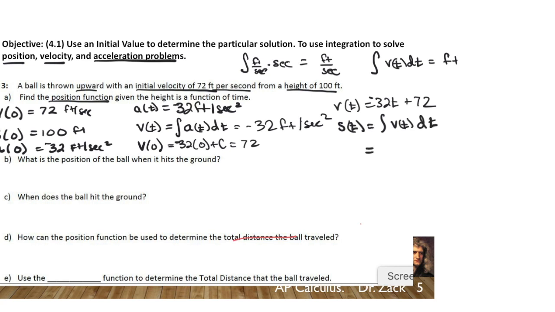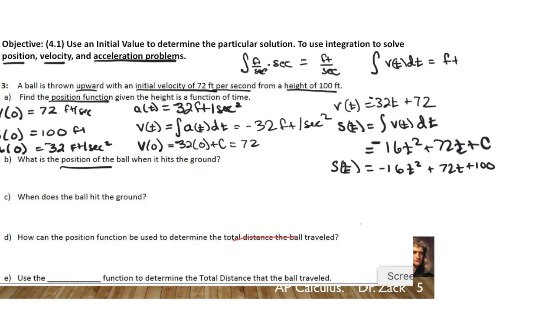We use those units to help figure this out. And when I integrate, we'll get negative 16t squared plus 72t plus some sort of constant of integration. All right, now given that s at 0 is equal to 100, that tells us the c value will be 100 and leaves us with s of t is negative 16t squared plus 72t plus 100.